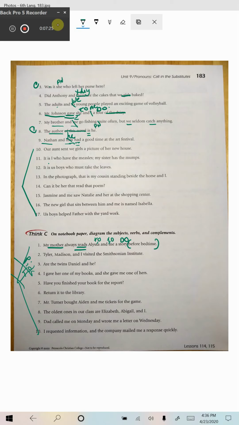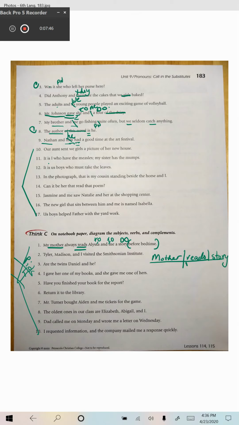Let's try it. Mother. That didn't need to be capitalized, by the way. Reads. And what does she read? Story.